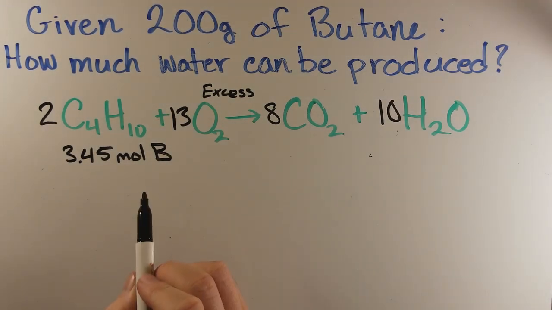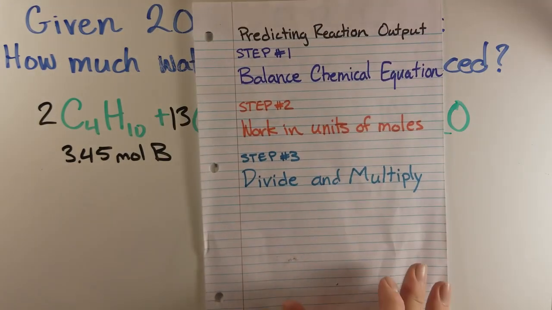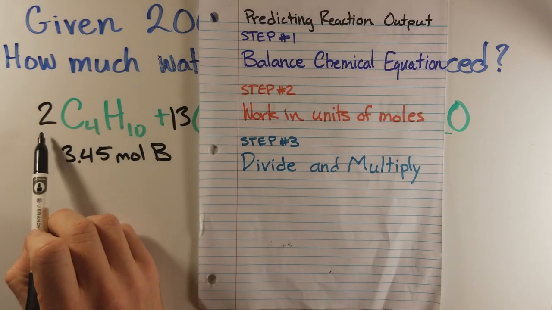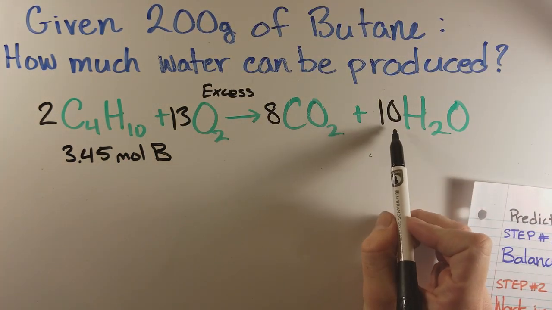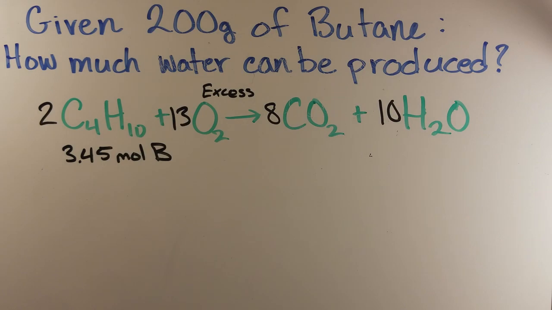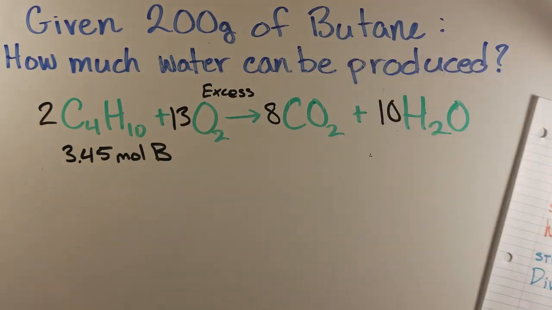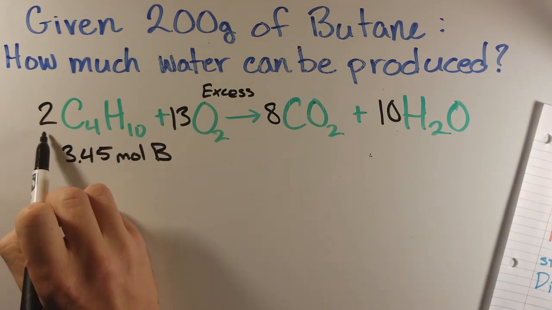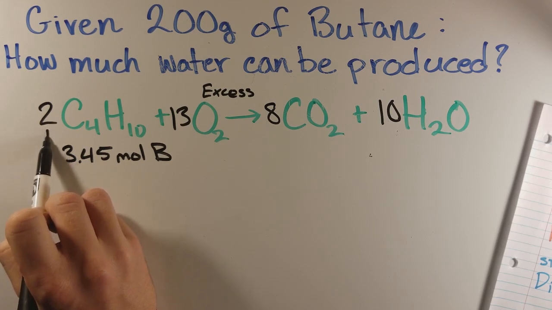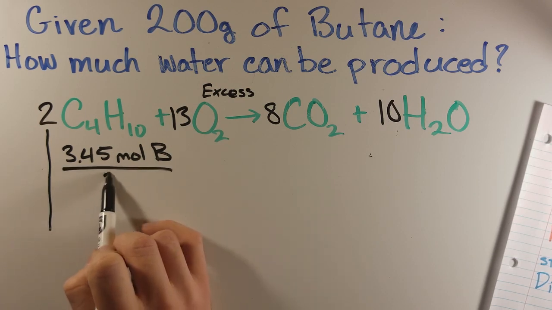So divide and multiply. It's important that you divide first and multiply later. What I am referring to is looking at the coefficients in front of the molecule that we're given and the coefficient in front of the molecule that we're interested in. First we divide and then we multiply, as hopefully it's implied. The way I do it, I put moles of the molecule that we're given, and then I draw a line from the coefficient down, and that indicates a divide.